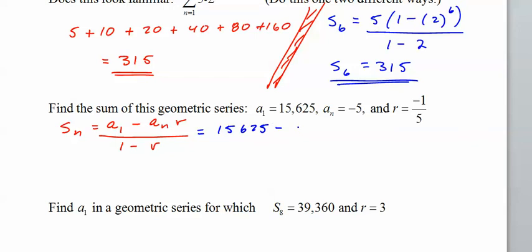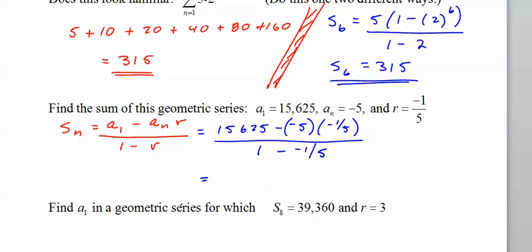$15,625 minus -5 times -1/5. Parentheses are a good habit. 1 minus negative 1 fifth. Blast it out. By the way, when I do this, I do the top and then I do the bottom.